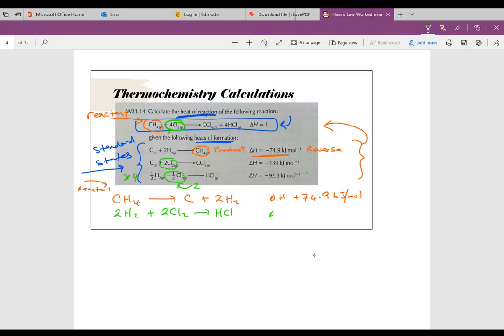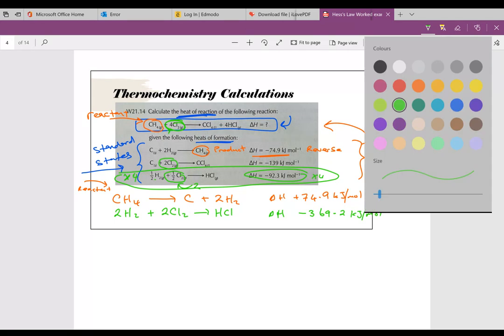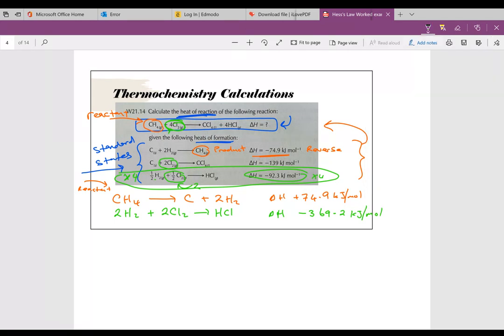So the new delta H, I'm taking this and multiplying it by 4 because I did that to the entire equation here, and I get a delta H of minus 369.2 kilojoules per mole.